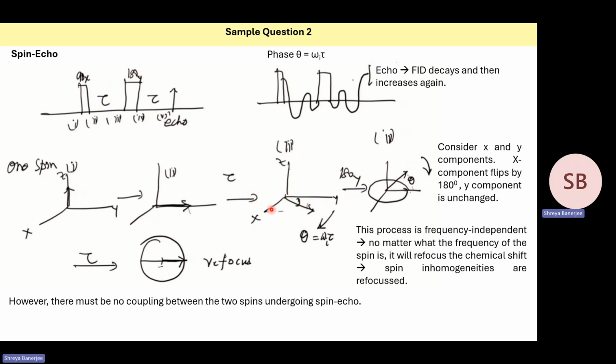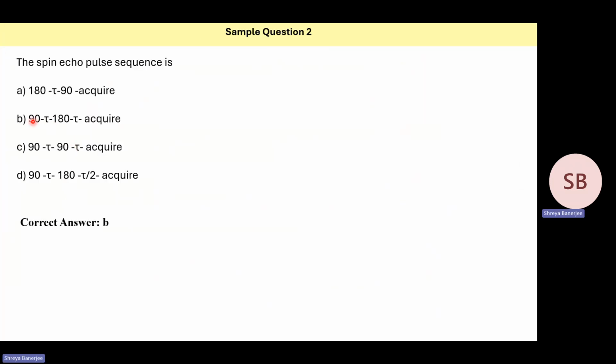So basically, the X component becomes negative and the Y component remains same. Then again the same time tau is given so that the magnetization moves here and refocuses along the Y direction, so that these two are the same. So the entire pulse sequence is 90 tau, 180 tau. The option 90 tau, 180 tau is B. So your correct answer is B.